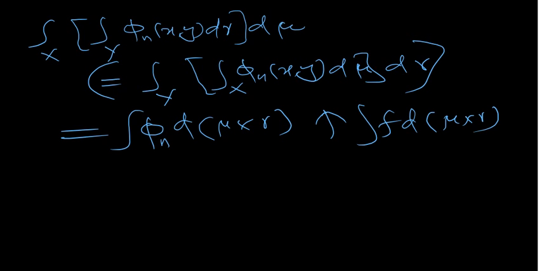Since phi n is a generating sequence, phi n increases to f, and the integral of f is equal to the limit of the integral of phi n. That's the definition of the integral of an upper function. F is an upper function, its integral is equal to the limit of the integral of phi n, where phi n is the generating sequence of f. Okay, I name it star here. This expression is very important.